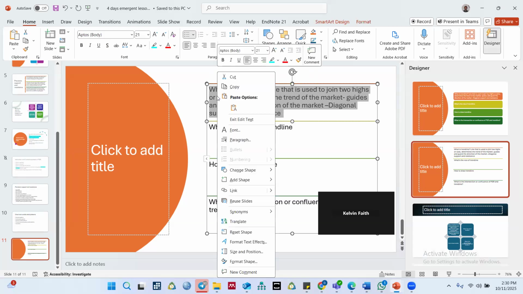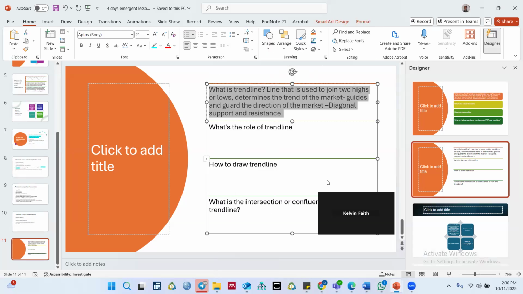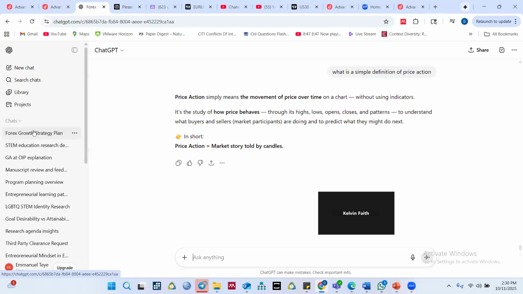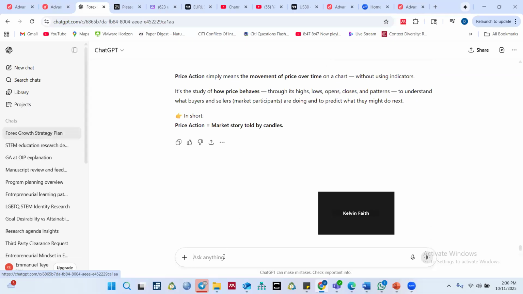So let's take this definition to ChatGPT. I'm taking you guys to classroom. I'm trying to train you guys as researchers. Let's take it to ChatGPT and ask it. Okay, let me greet it first. Hi, how are you?